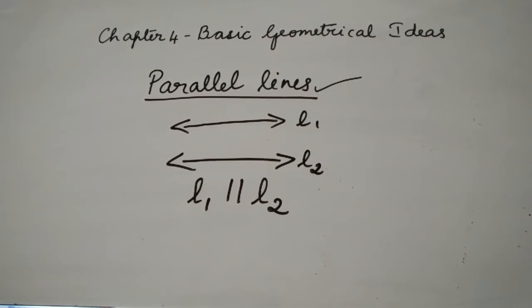Some models for a pair of parallel lines are the opposite edges of a ruler. You have a scale, isn't it? It will be there in your box. The opposite edges of the ruler, are they curving in shape? No, they are straight, isn't it? That is, they are parallel. The opposite edges of a ruler are parallel.